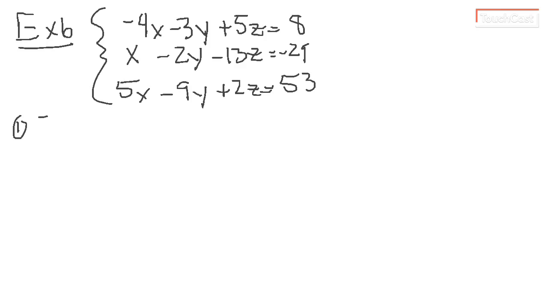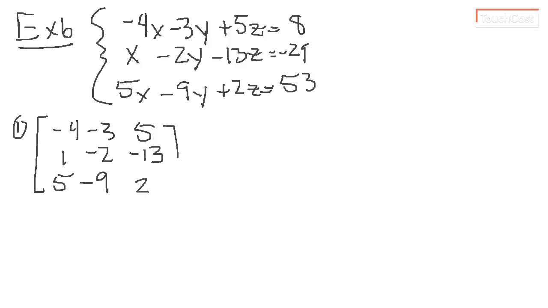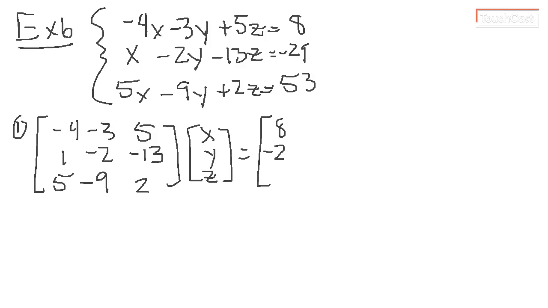So our matrix equation is going to be negative 4, negative 3, 5, 1, negative 2, negative 13, 5, negative 9, 2 times x, y, z equals 8, negative 29, 53.